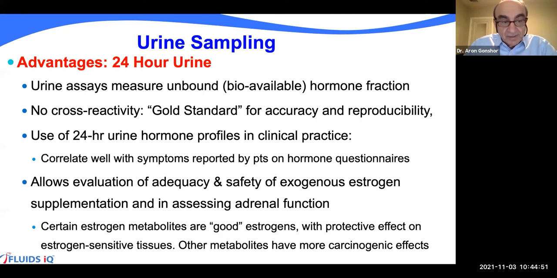So in clinical practice, we use 24-hour urine hormone profiles, and they correlate very well with the symptoms that are reported by patients when they're doing questionnaires that you are trying to correlate together with the results you see on paper. So it is allowing us to evaluate the adequacy and even the safety of giving various types of exogenous hormone therapy, estrogen supplementation, etc.